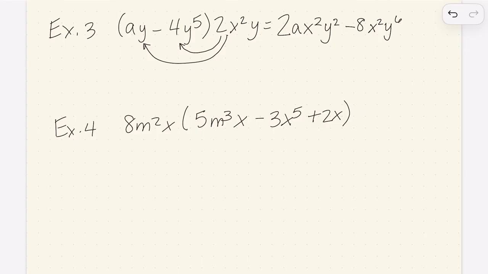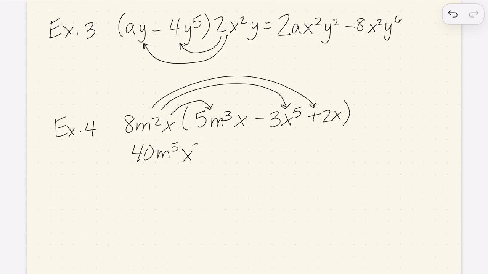Okay, now we're going to do a little bit more complicated where there are 3. We're going to multiply this by this, this by this, and then this by this. 8 times 5 is 40. M squared times m cubed is m to the 5th. X times x is x squared. 8 times negative 3 is negative 24.